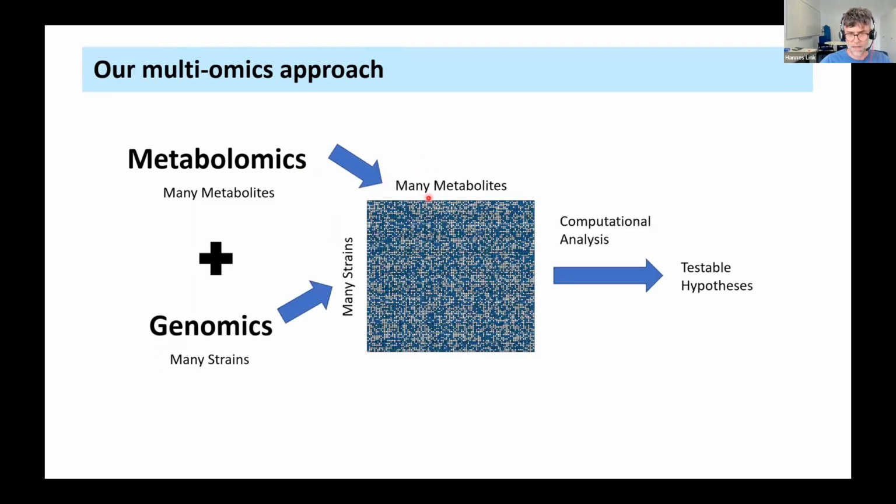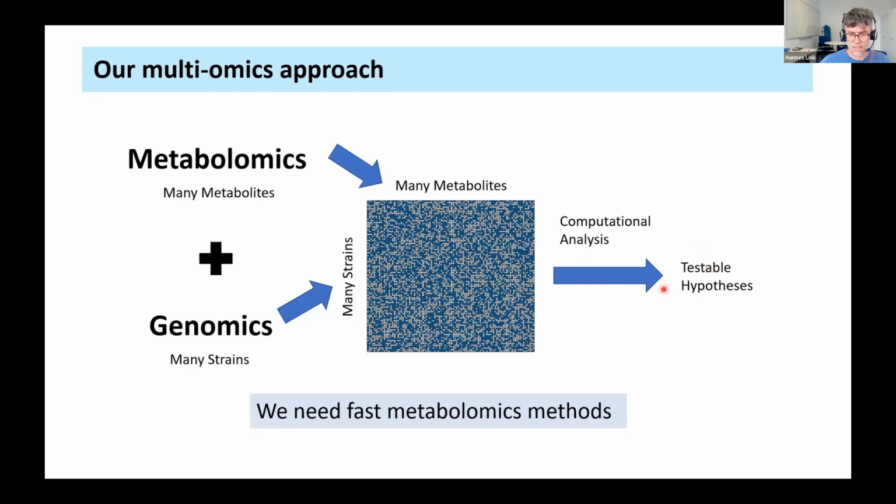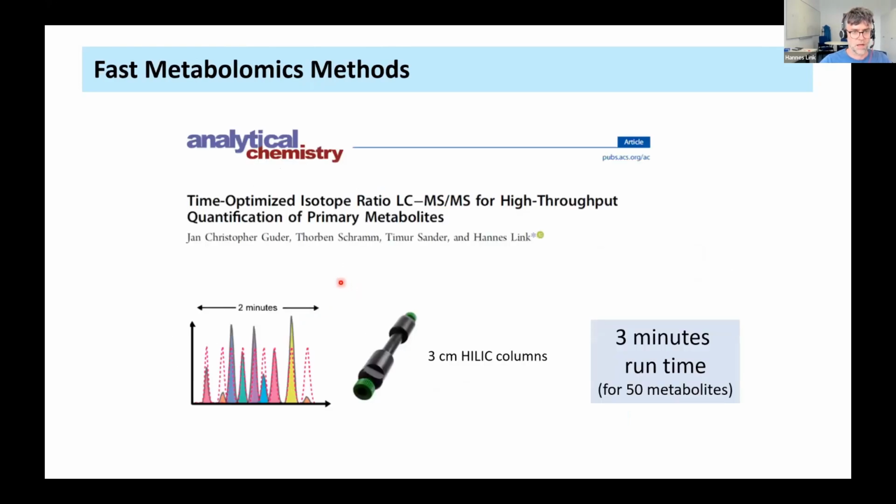So we have many metabolites measured in many strains. And then to this data, we apply some computational analysis to infer networks, or eventually to arrive at testable hypotheses. And you can imagine if we have many of such strains, what we need are fast metabolomics methods. Maybe for hundreds of strains, it's still fine to work with LC columns. But once you move into the thousands of strains, you really need fast methods.